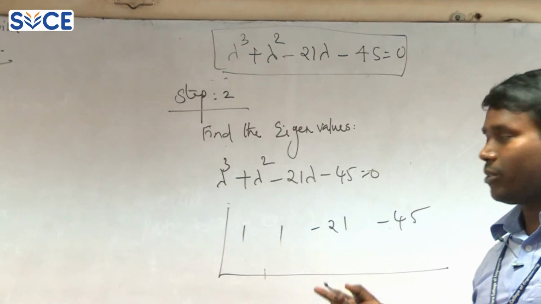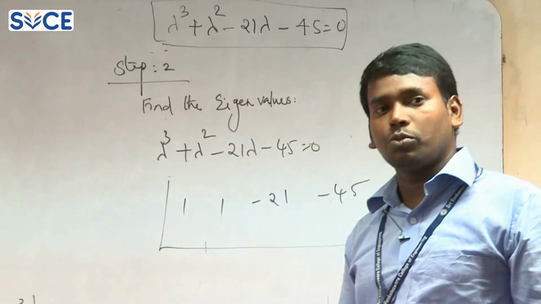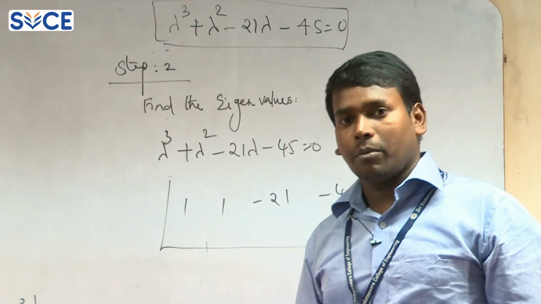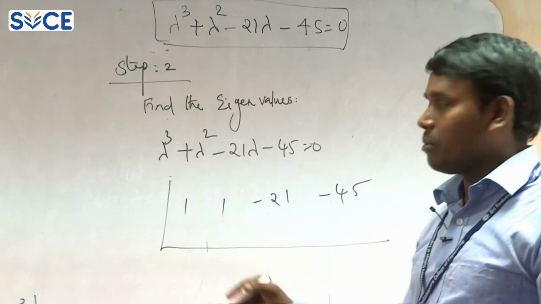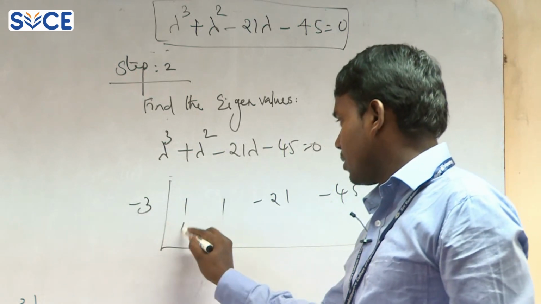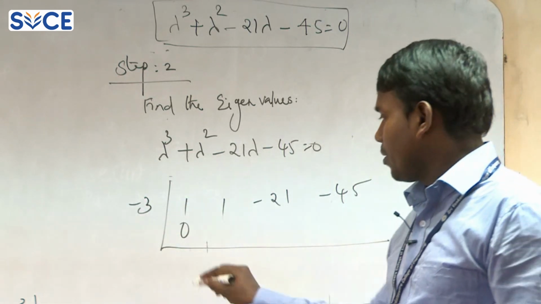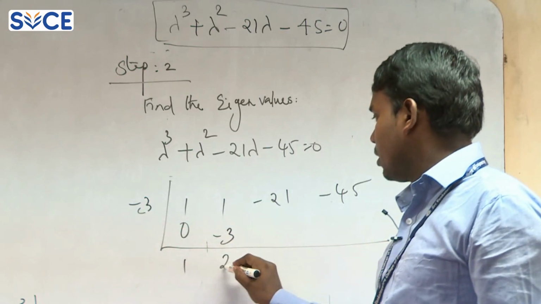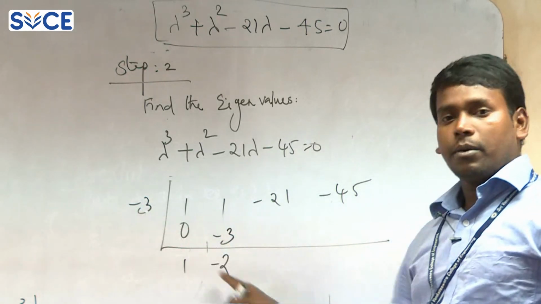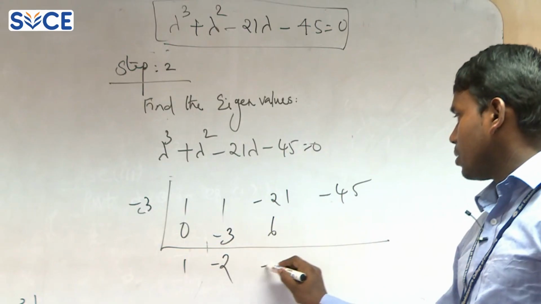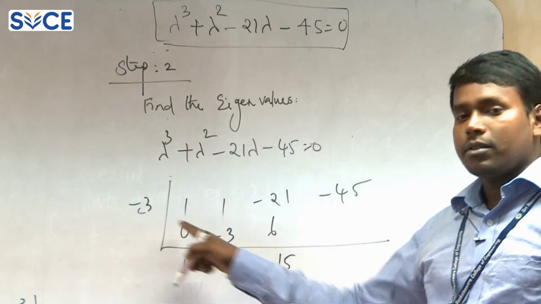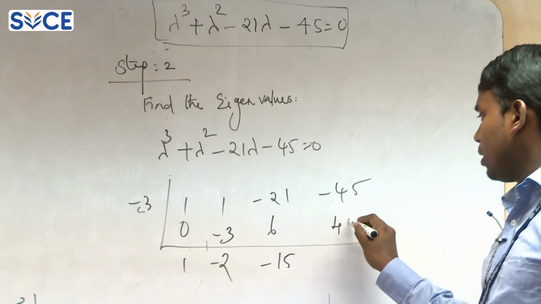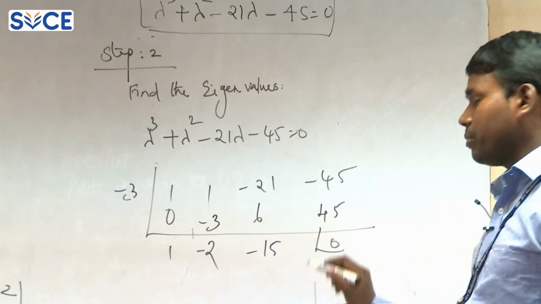We have to check by 1, minus 1, next 2, minus 2, next 3, minus 3. This equation is satisfied by minus 3. First number default 0, so adding gives 1, multiplication by minus 3 gives minus 3, it becomes minus 2, multiplication gives 6, it becomes minus 15, multiplication gives 45, so it becomes 0.